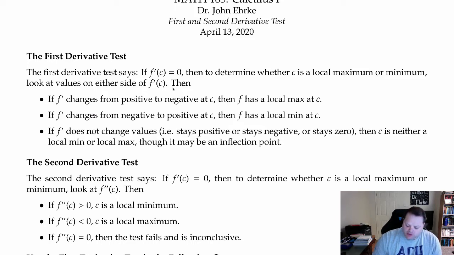So if the slopes are positive to the left and negative to the right, so your function is increasing to the left and decreasing to the right, then what the first derivative test tells you is that at the point c, this point must be a max, and it would have to be a local max.